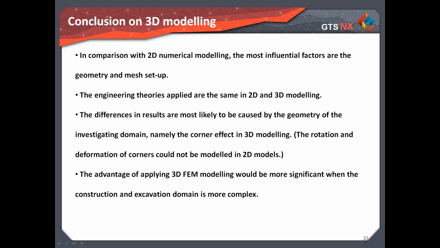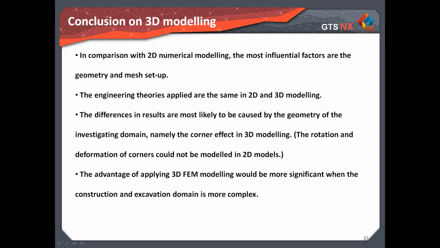So this slide shows the conclusion on 3D modeling. In comparison with 2D numerical modeling, the most influential factors are the geometry and mesh setup. The engineering theories applied are the same in 2D and 3D modeling.